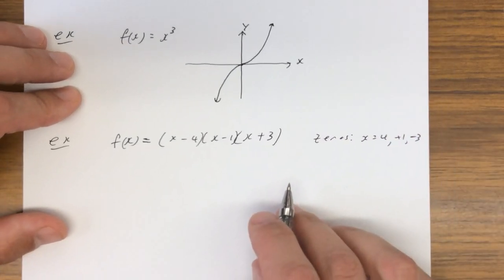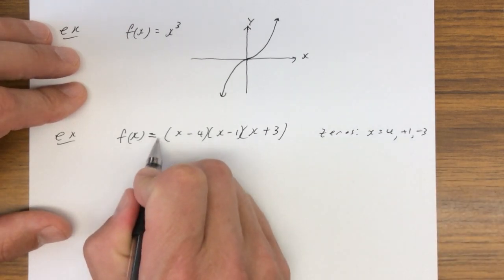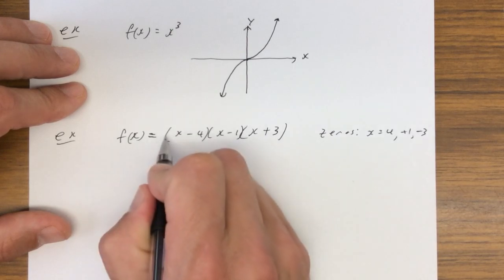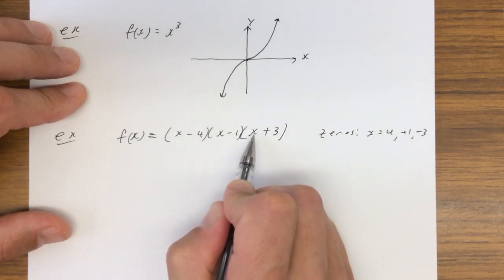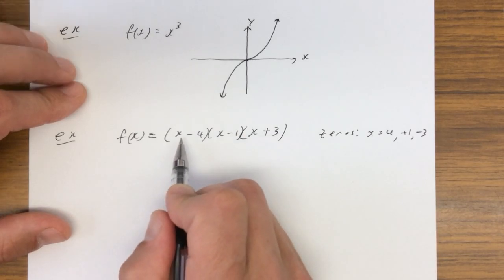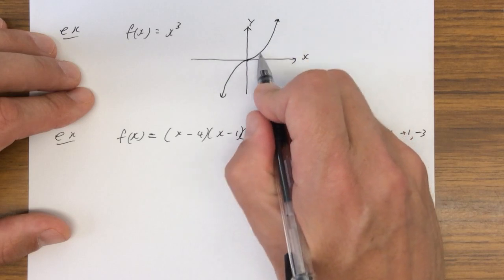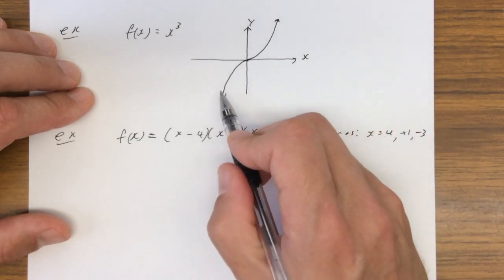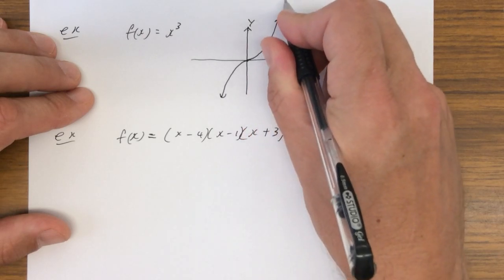So now we have the x-intercepts. Because the a3 value here is positive, when you multiply this all out, you're going to get 1x cubed. Because that is positive, it's going to behave like this one on the ends. So whenever the leading coefficient is positive, the right side always goes up.